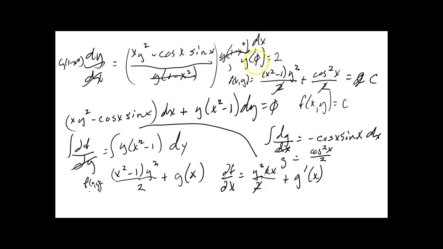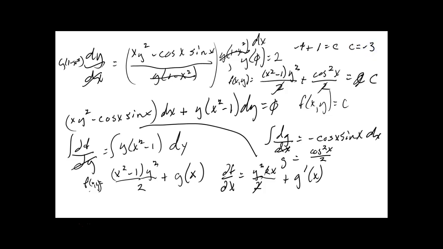And x equals 0, 0 squared would be 0, minus 1 times 4, so that's minus 4, plus cosine squared of 0, well, cosine of 0 is 1, so cosine squared is 1, plus 1 is equal to c, so this would be c is equal to negative 3. If I did that right.